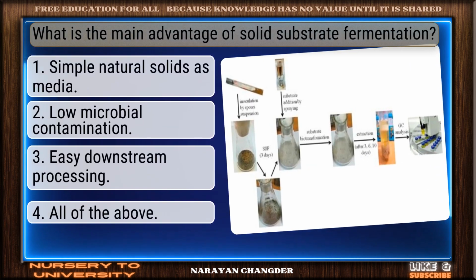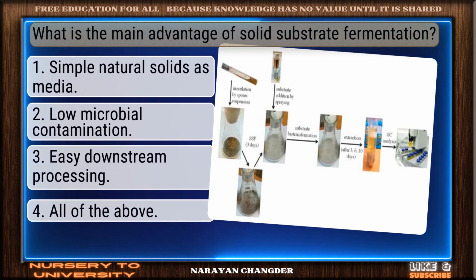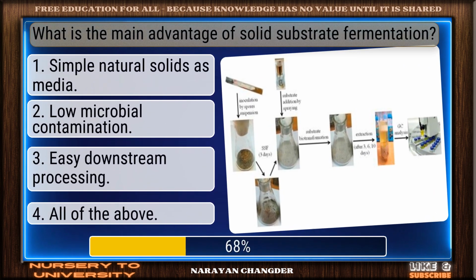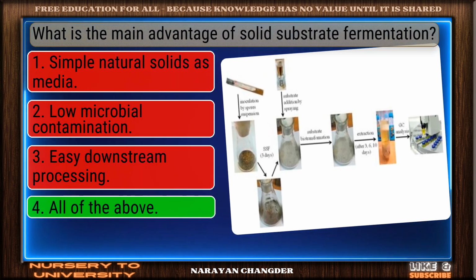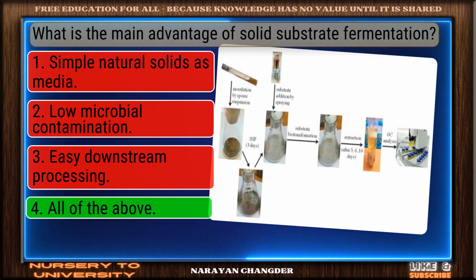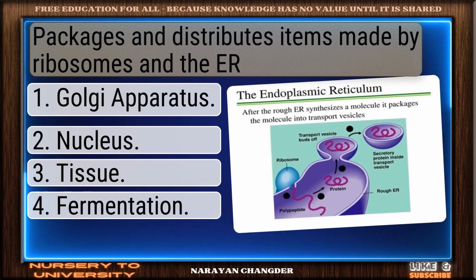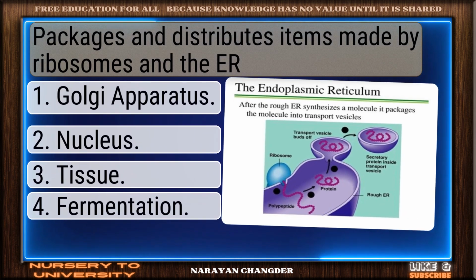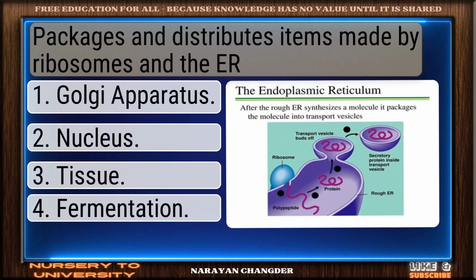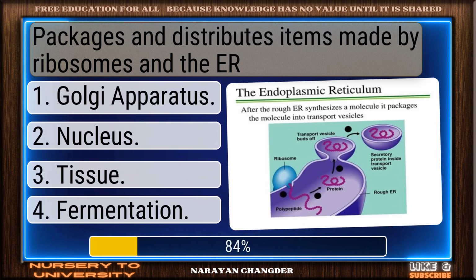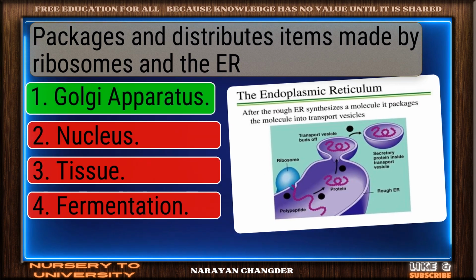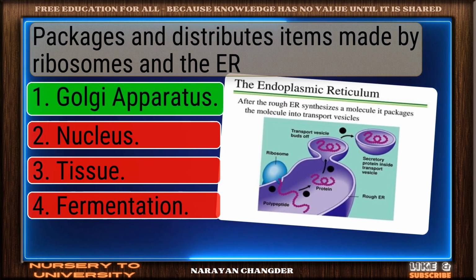What is the main advantage of solid substrate fermentation? On track. All of the above is the correct answer. Packages and distributes items made by ribosomes and the ER. Strong choice. Golgi apparatus is the right answer.